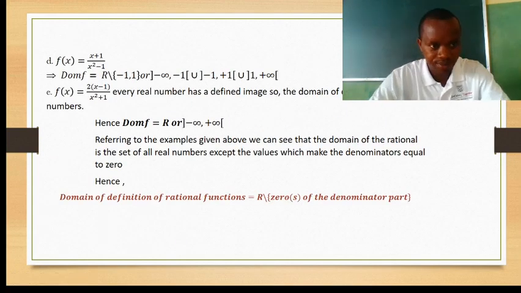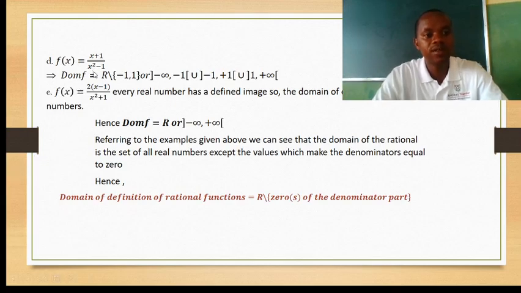For D, f of x equal to (x plus 1) over (x squared minus 1), we have found that elements minus 1 and 1 have no images respectively. It means that the domain of definition will be the set of all real numbers except the elements minus 1 and 1.